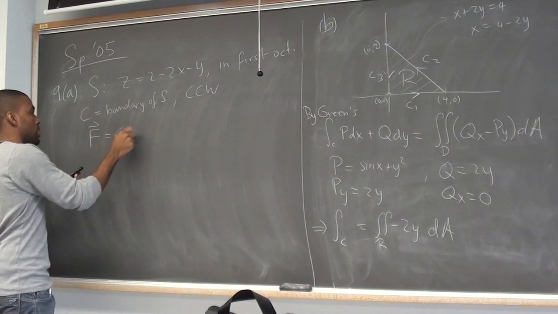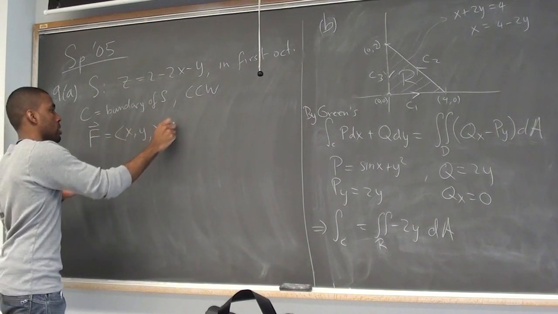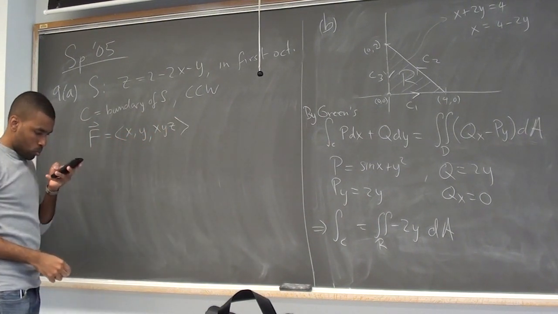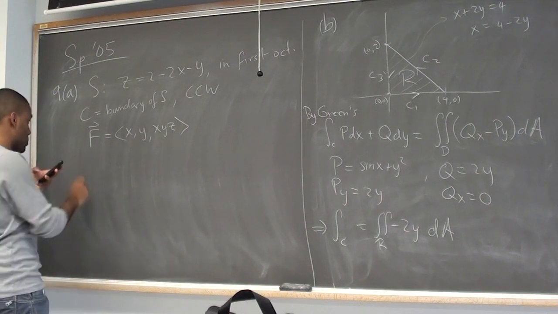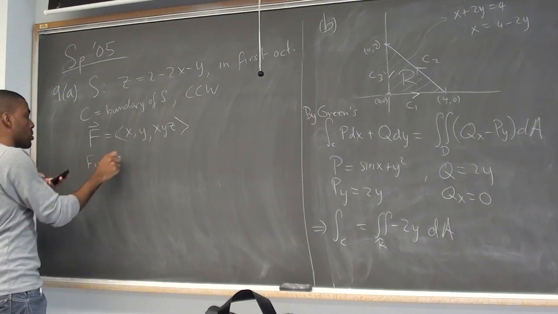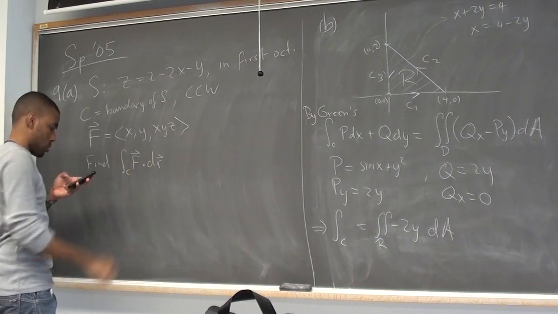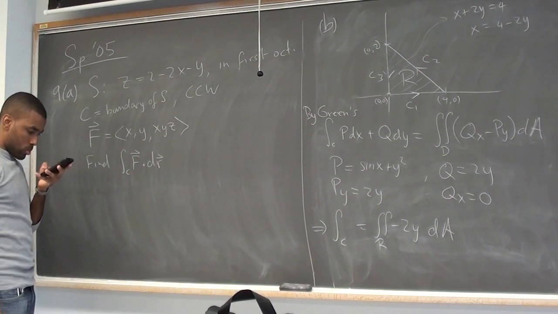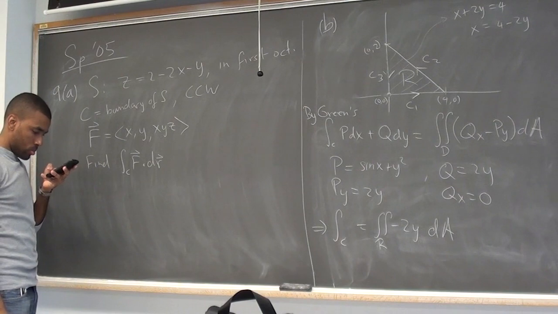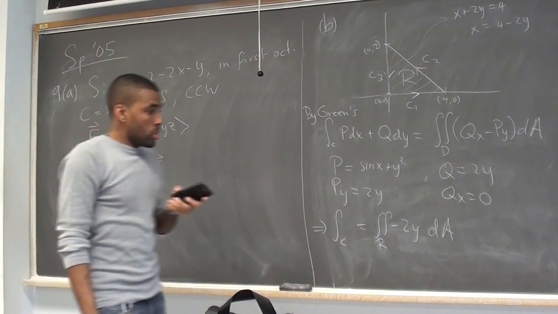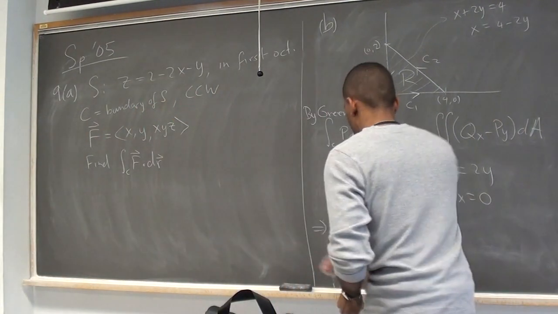F is the vector field x, y, x, y, z. Find the integral of F dot dr.